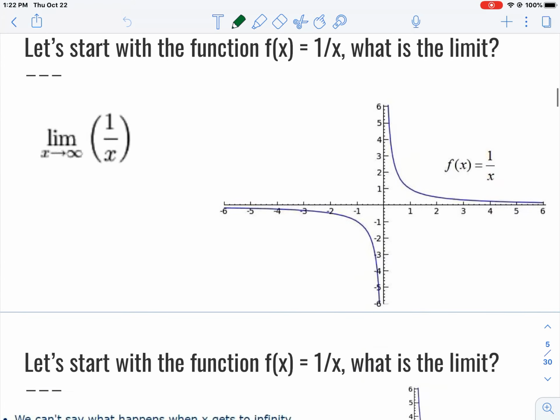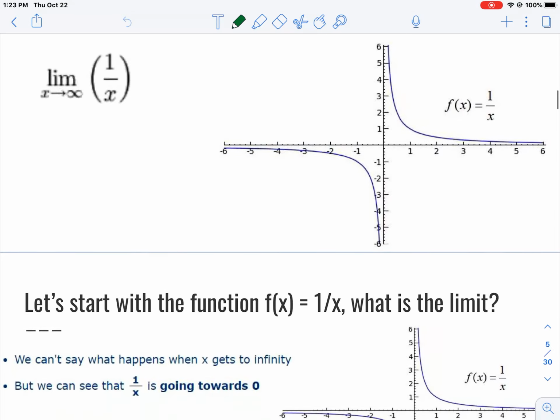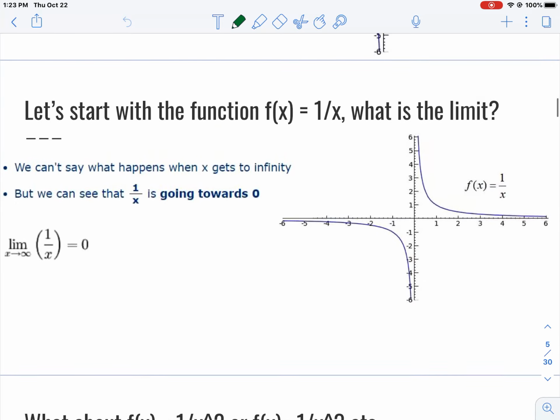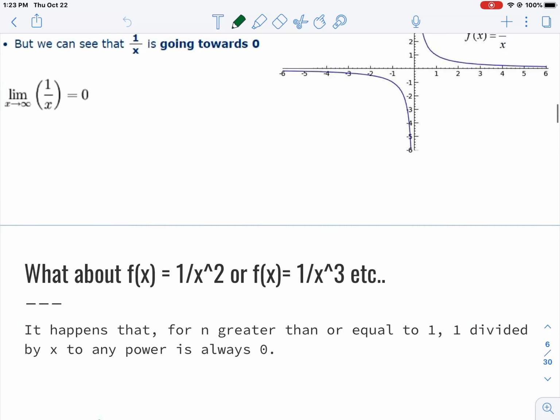Then we looked at these, and really this was the key here. Noticing that for the function 1 divided by x, as x approaches infinity, imagine infinity as a really big number. So it's going to be a large, large, large number. If we divide 1 by a really big number, it's going to be 0, because 1 divided by a really big number is so insignificant that we really don't care too much about it.